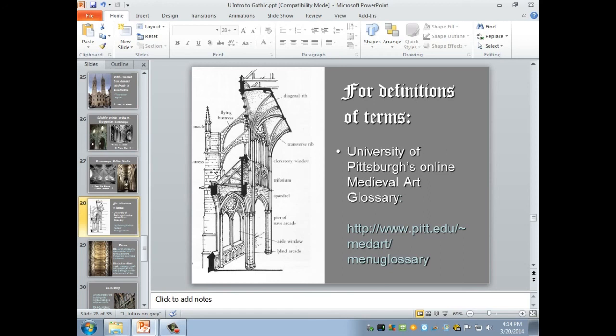Builders would build the ribs and the arches first, and then they would fill in the webbing or the ceiling after, which rests on these. A rib vault, or a ribbed vault, is a masonry vault with a relatively thin web, or the ceiling, which is set between a framework of ribs, which you see there.